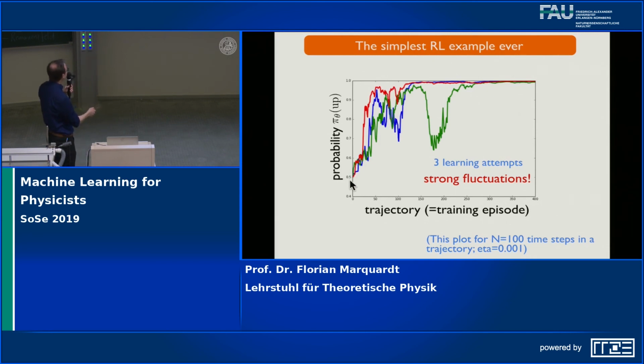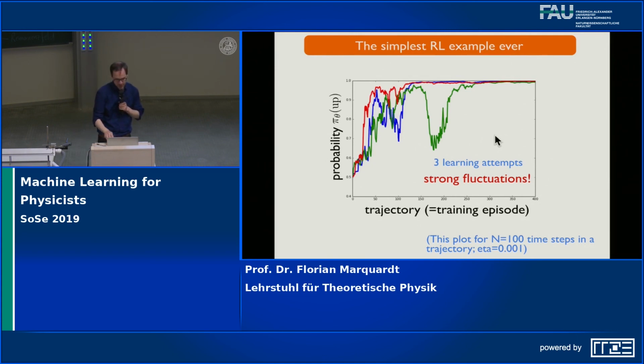Near 0.5, there don't seem to be too bad fluctuations. I always tend to go up. Near the final state, I also nicely stay there. So also no bad fluctuations. But in between, there seem to be really big fluctuations. So please keep this in mind.